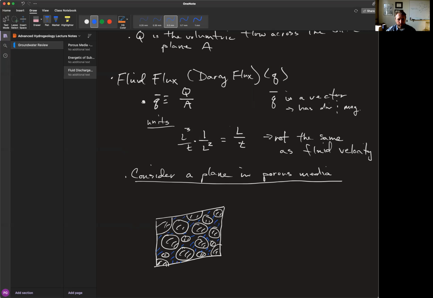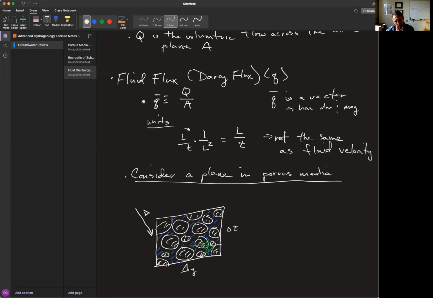I've got some fluid velocity, sort of randomly oriented compared to my plane. Here's v, and I want to know q sub n, which is normal to my plane. My plane is a plane in an REV, and it has the dimensions, we'll say, delta y by delta z.